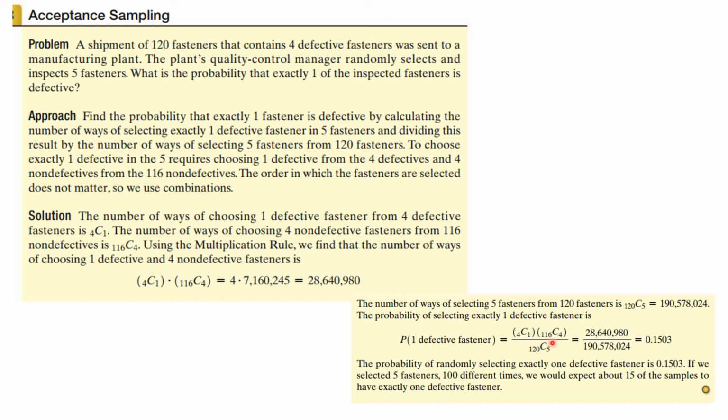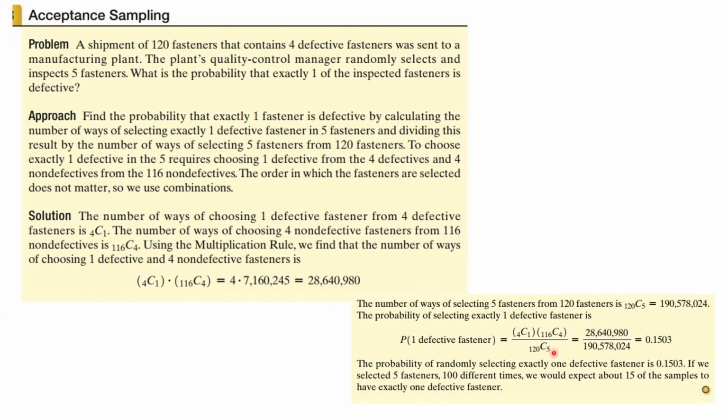So there are 116 from which we choose the remaining 4. So we multiply these two numbers together by our multiplication principle that we discussed in the last lecture, and that tells us that there are 28,640,980 ways that can happen when you multiply those two numbers together.